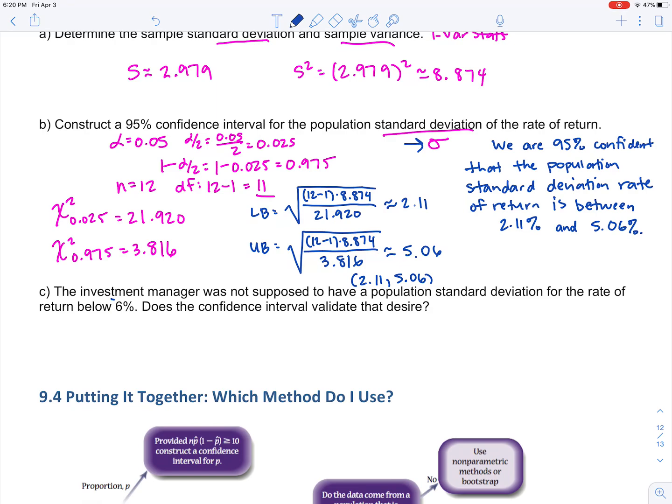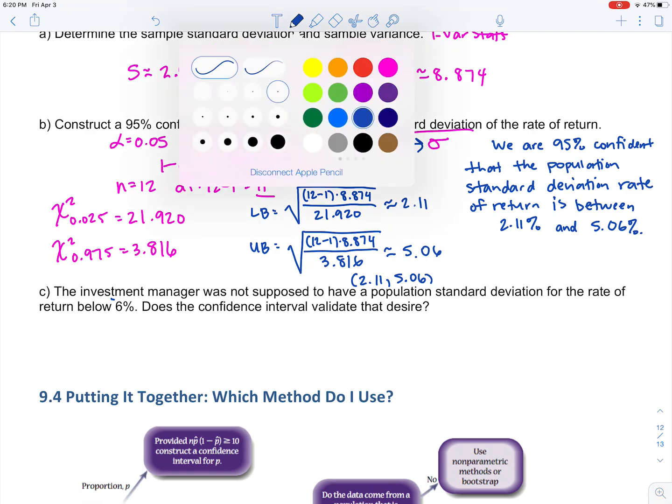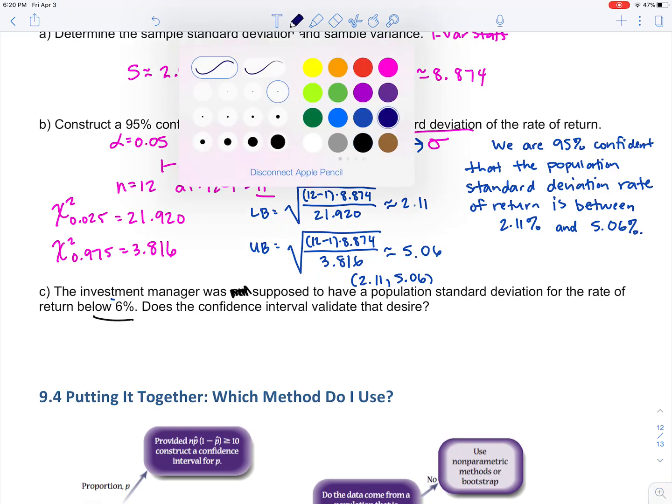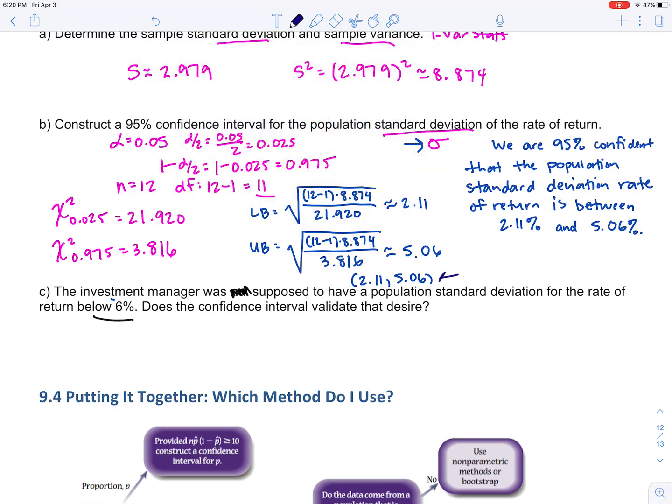Okay, so one more, part C. The investment manager was not supposed to have a population standard deviation for the rate of return. Was not supposed to. I think that's a typo. I think it should say was supposed to. Sorry. The investment manager was supposed to have a population standard deviation for the rate of return below 6%. Does the confidence interval validate that desire?